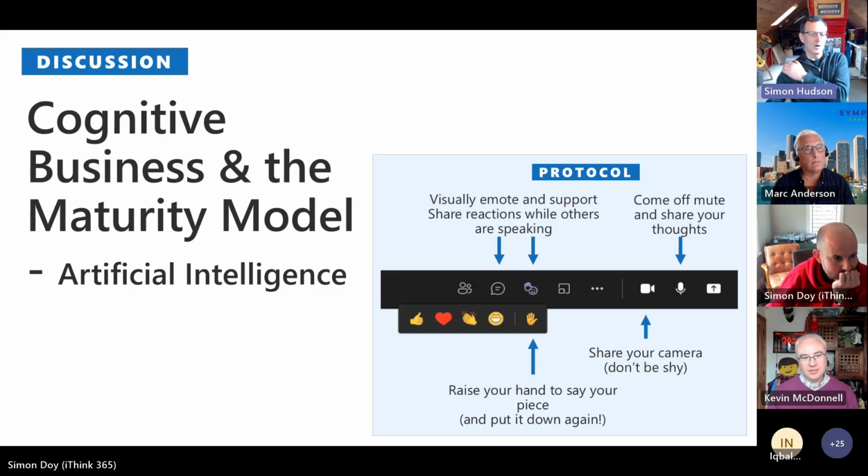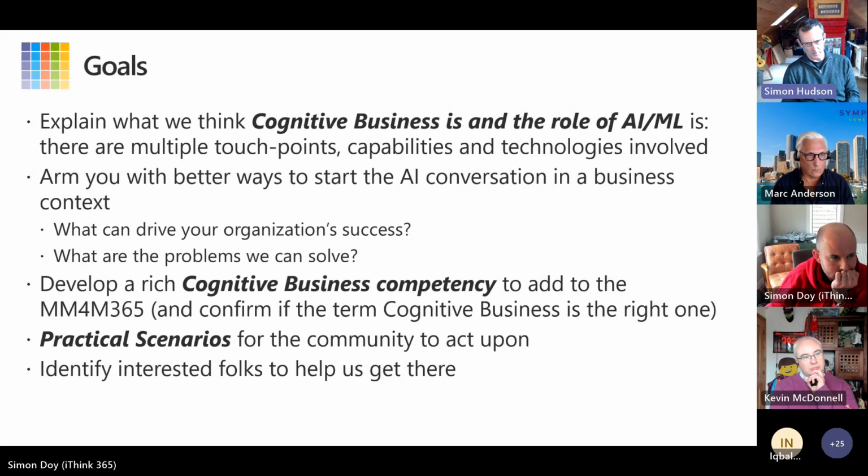There we go. Right. So in this session, we were originally going to think about why cognitive business, what it is, and the role of AI and ML in the maturity model. Obviously, it's quite a broad topic and moving very quickly.